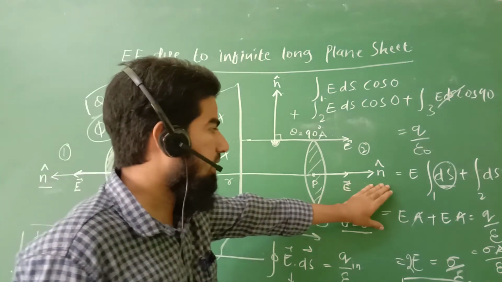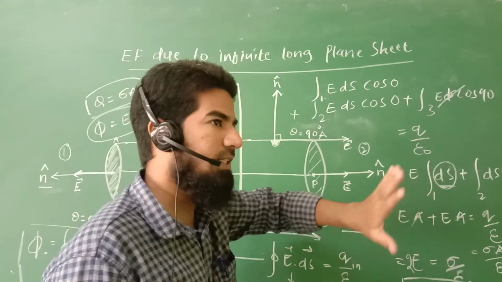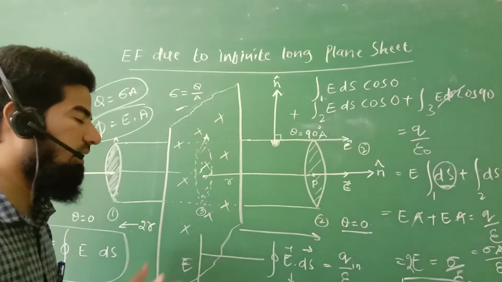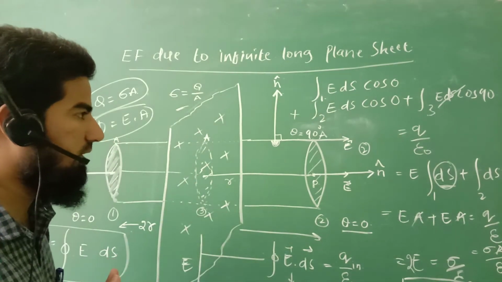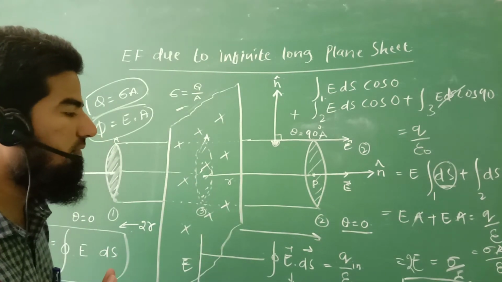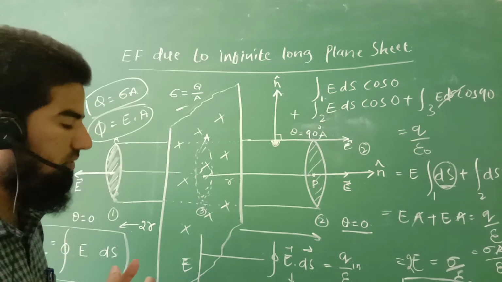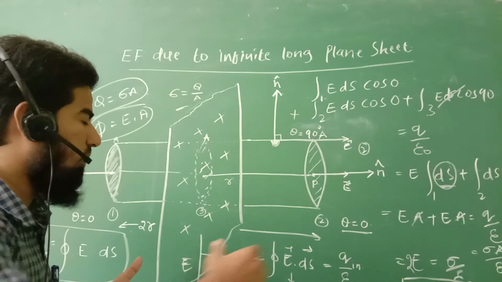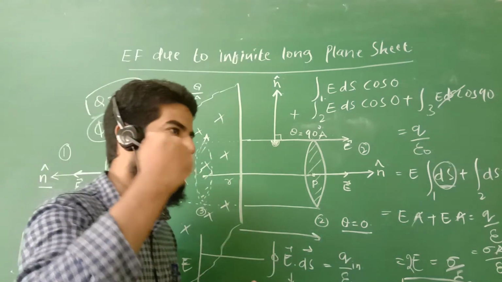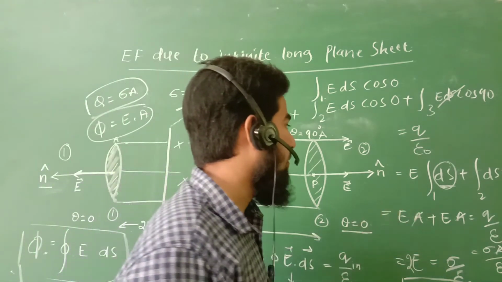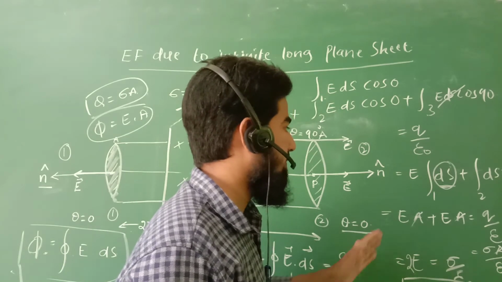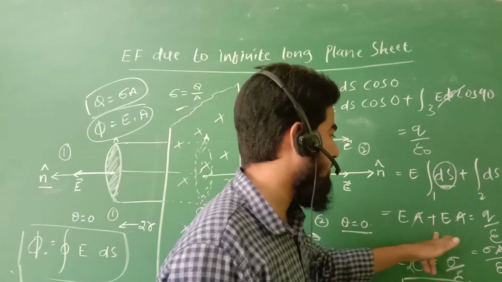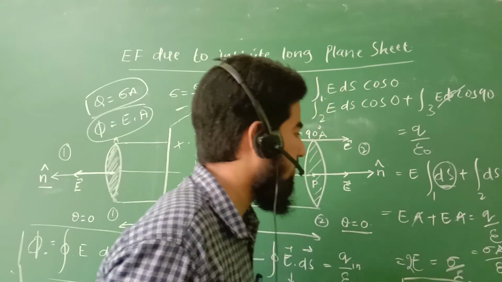Here ds is a small area, and when we add these smallest areas we get one area, which we denote as A. So EA plus EA equals q by epsilon naught.